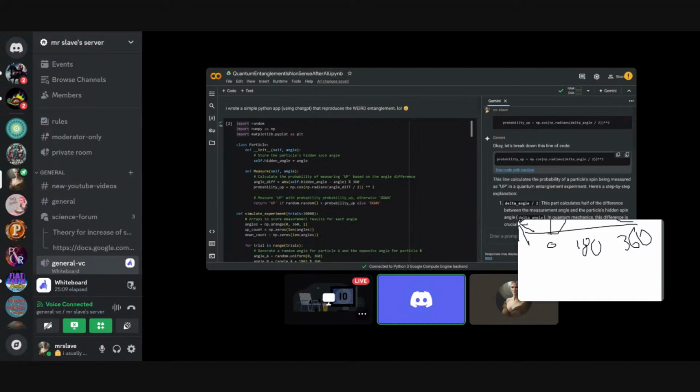So the up value is really a correlative measure with the angle differential. It's not like a direct communication. Right, there's no communication. Look at the code. When you ask B to measure itself, B doesn't talk to A. B doesn't care what happened to A. Got you.